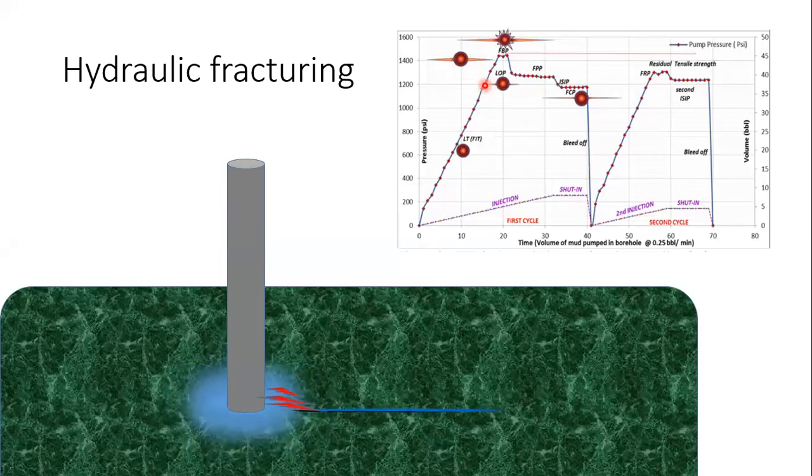Until the leak off point, the fluid hadn't gone into the formations. But right now, it has reached a pressure where fluid started to enter into the formations. Because of that, there is a change of slope from here onwards.